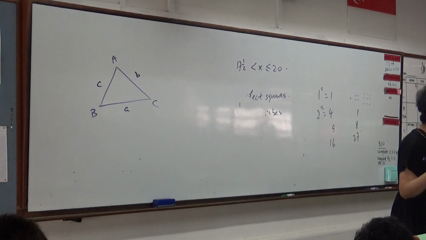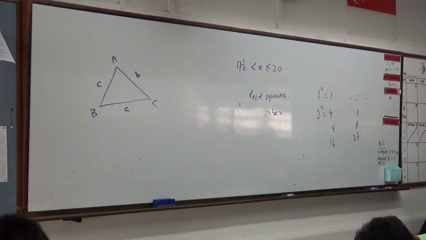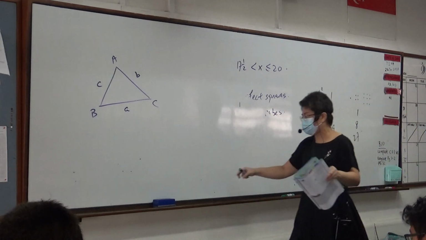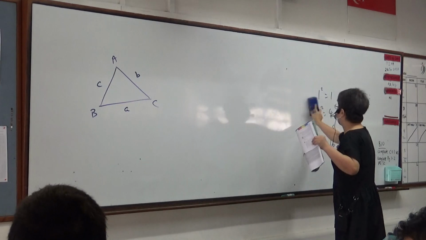Understand? Then, one more thing that you have to know is this. For a triangle to exist, some triangles cannot be formed, that means you cannot even construct it.